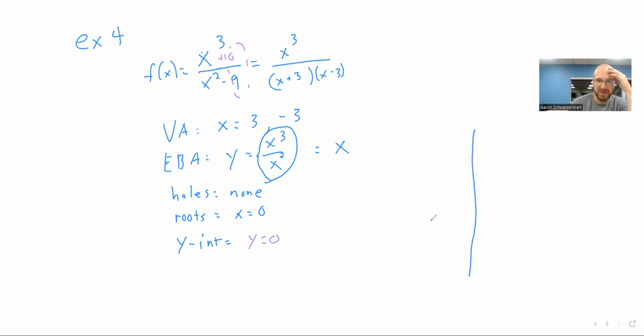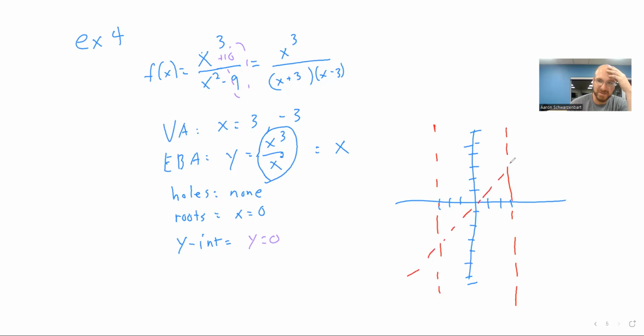So to sketch my graph, I take my vertical asymptotes and I put them in. Take my end behavior asymptote and I put that in.